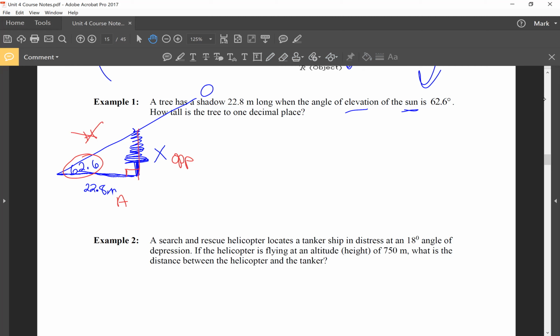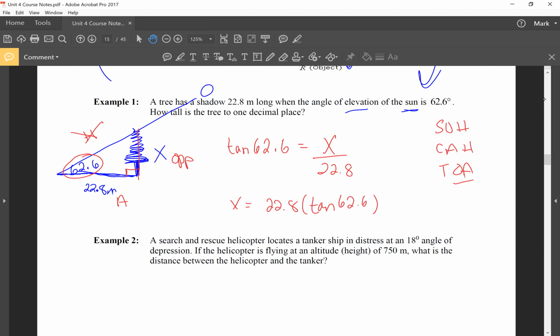So tangent of 62.6 is equal to, remember SOH CAH TOA, x over 22.8. So x is going to be 22.8 times tan of 62.6, and I'm done.